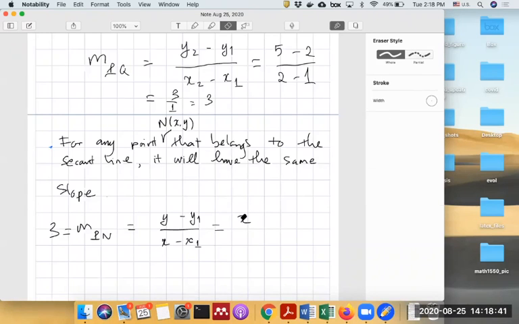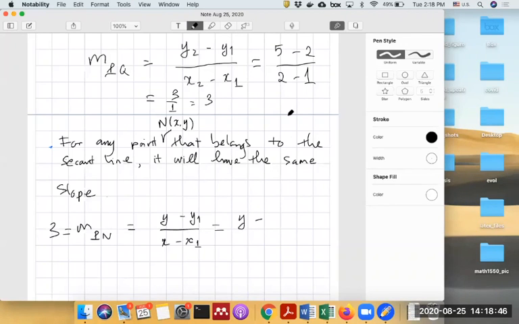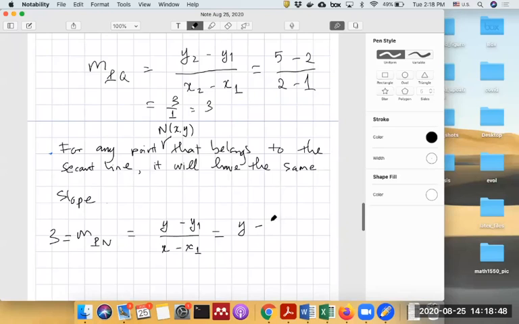Which means Y minus Y1, which is 2, divided by X minus 1.